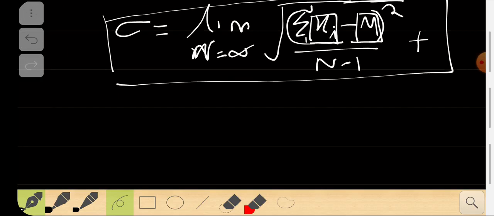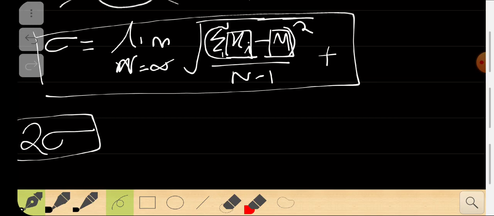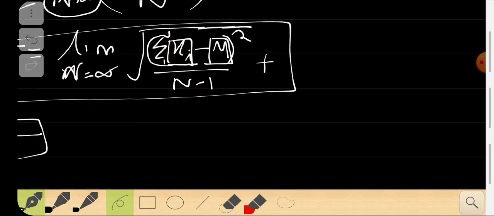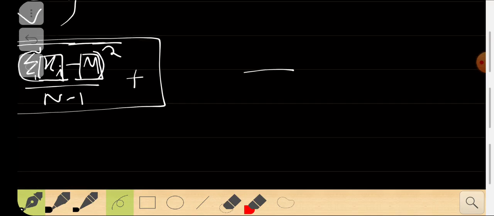So 2 sigma is a standard notation for uncertainty, because if you have this as the true value, meaning the accurate value, and you have measured this value, this value, this value, there is a deviation on this side and also a deviation on this side.